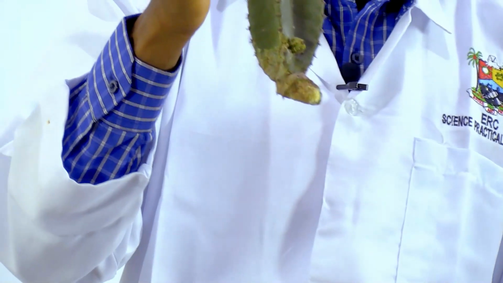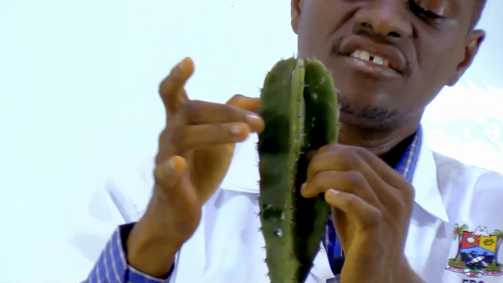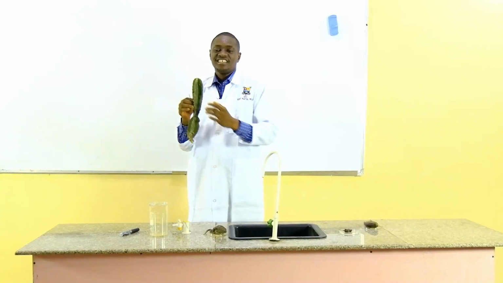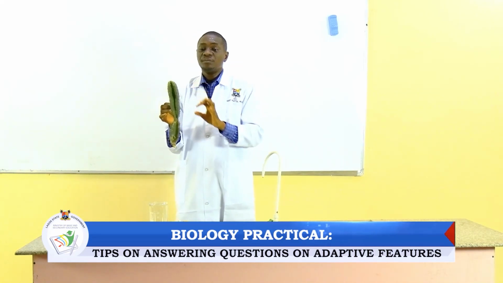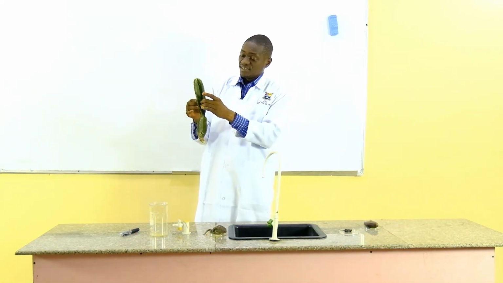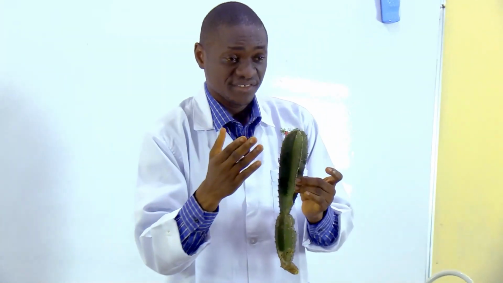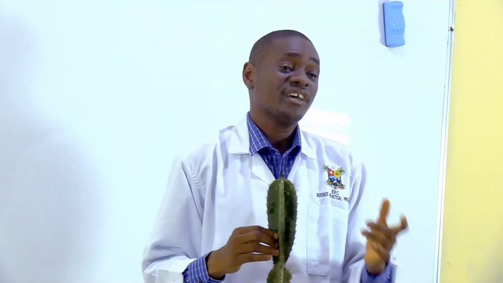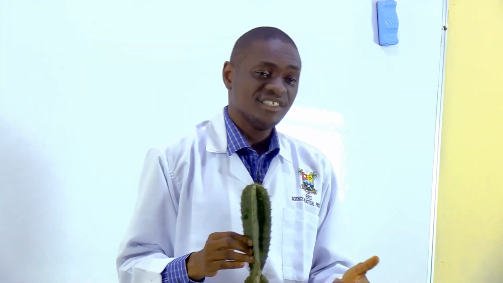Then number two, you can see that the stem is succulent. The stem is succulent. Why? Also to conserve water. Number three, the stem, as you can see, it's what in color? Green. So in essence, and when you hear green in plants, in biology, what will come to your mind?